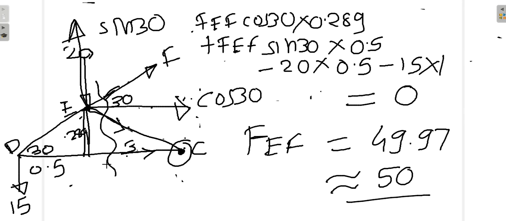The sin component has a moment arm of 0.5. 20 downwards has a moment arm of 0.5. 15 downwards has a moment arm of 0.5 plus 0.5, that is 1. I have used the convention clockwise positive, taken moments about C, and this is the moment equation, and that gives me the value of force EF as 50.